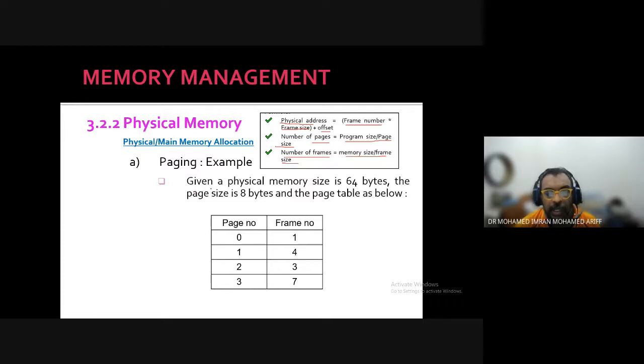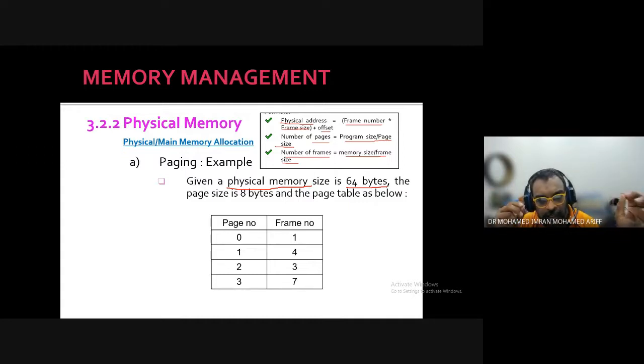Okay. Given a physical memory. So where is physical memory? Physical memory is your main memory lah. Size dia ialah 64 bytes. So dalam kepala bayangkan 64 bytes. You got it. The page size. Alamak, page size. Where is the page size? Sebab page size ni is sebelah kiri tadi, yang dekat CPU tadi.